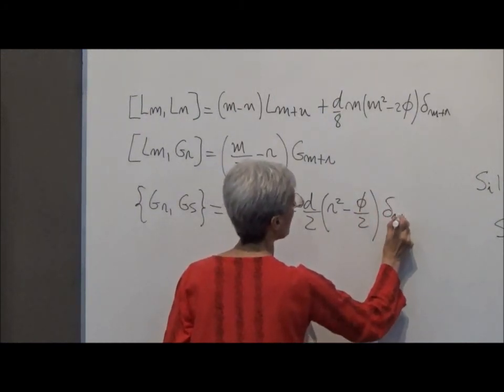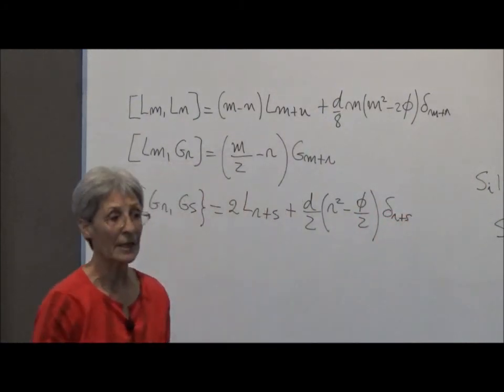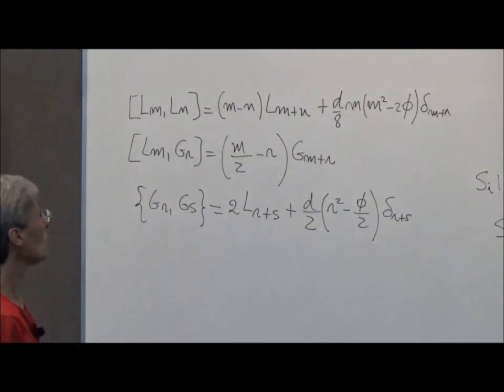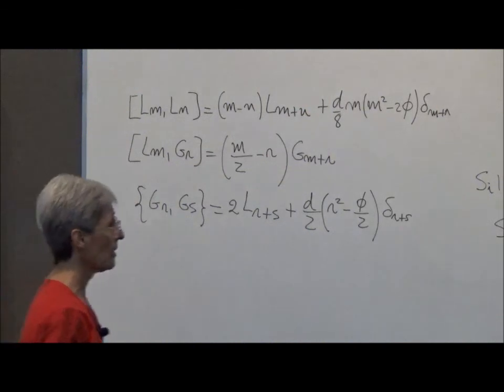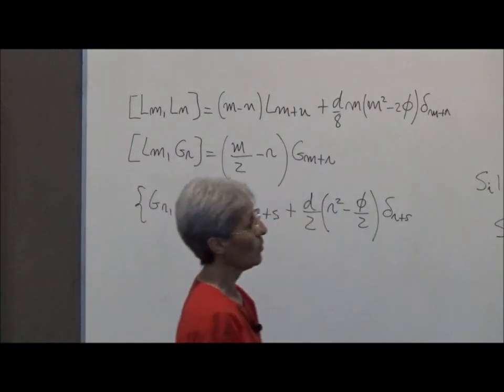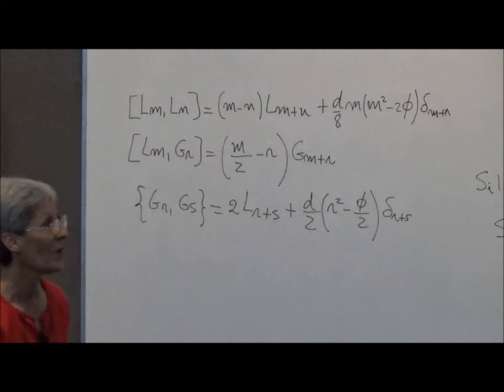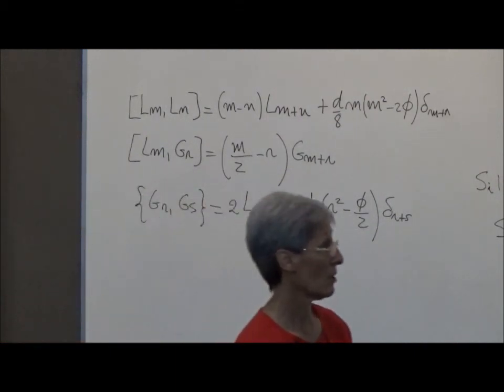So we have a different superconformal algebra in the Neveu-Schwarz sector and in the Ramond sector. So this will determine that the physical state conditions will be different in the Neveu-Schwarz sector and in the Ramond sector. We will work it out tomorrow.